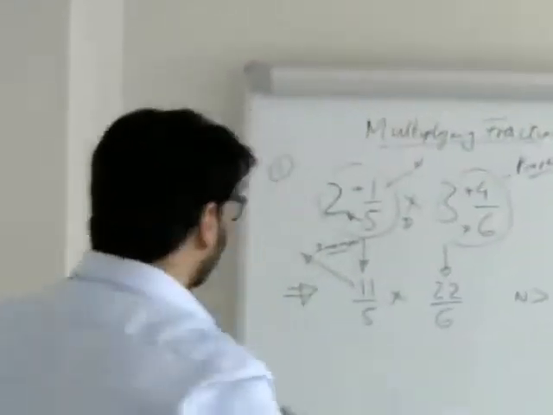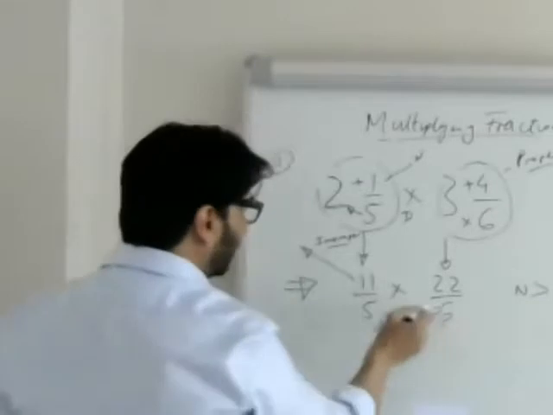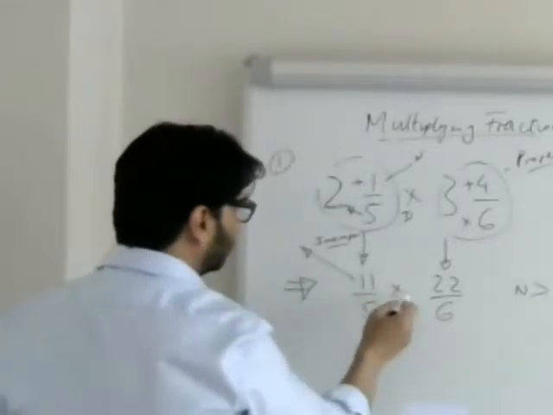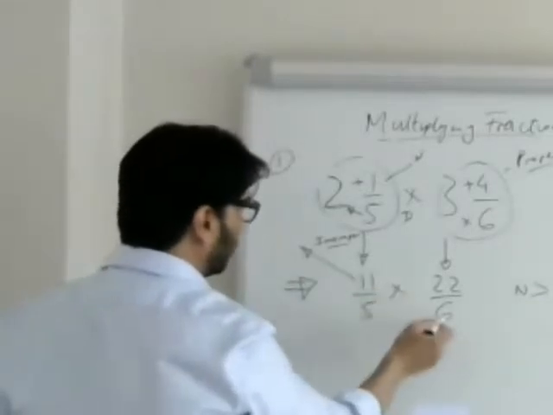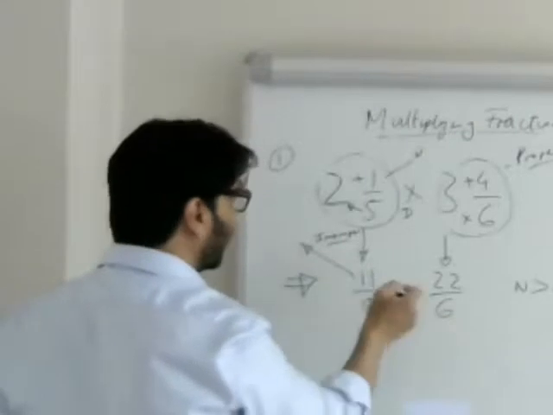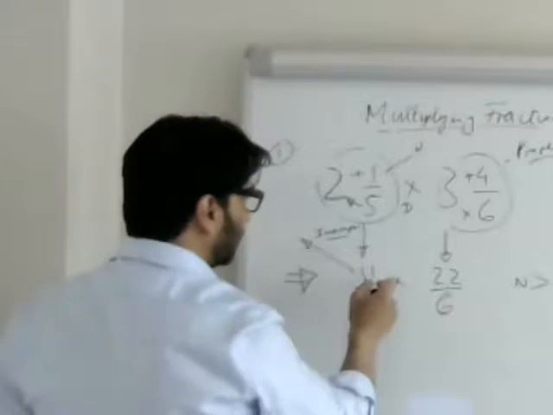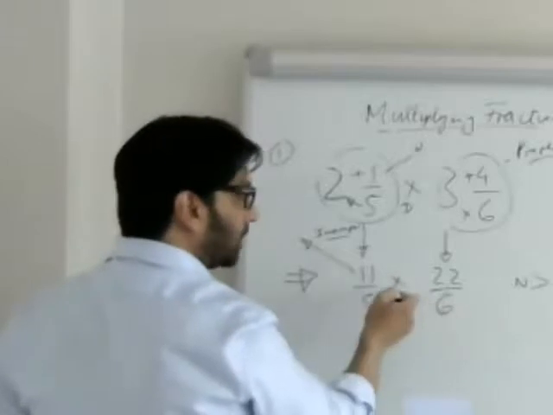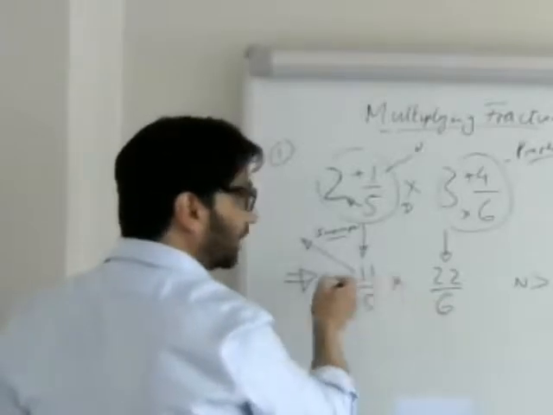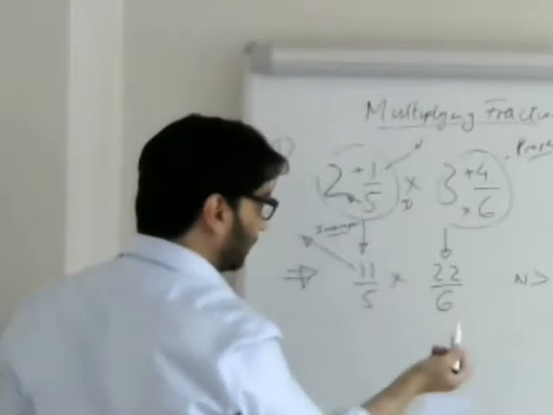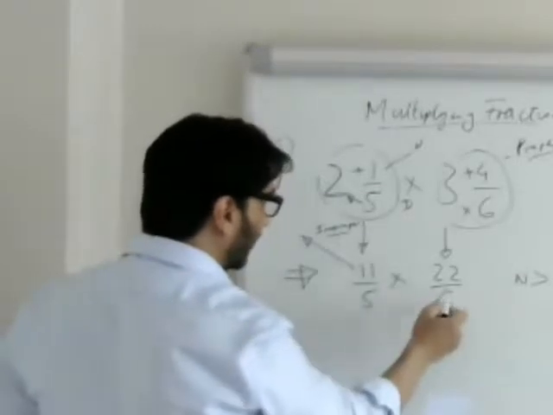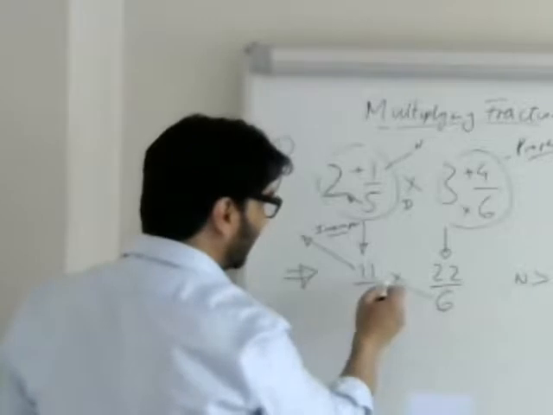Okay, now here we can see how many factors go into 11 to multiply by 6 to make 11. So what goes into 11? You have 6 here, 6 times a number should make 11, but it will not happen, obviously. So we know that this cannot go into this, so we leave it as it is.